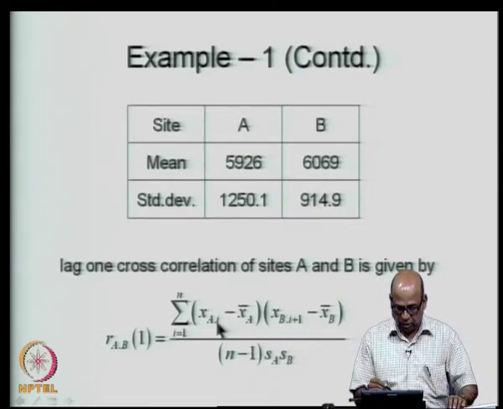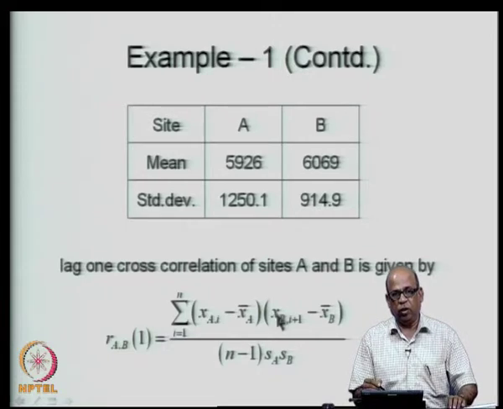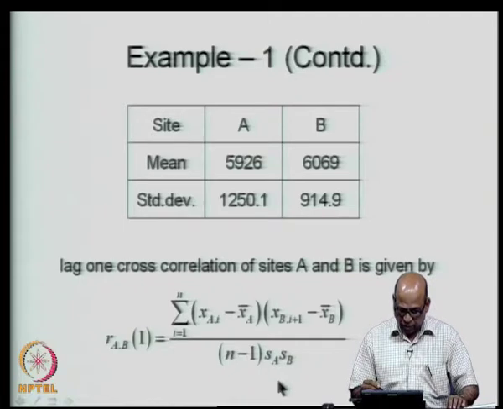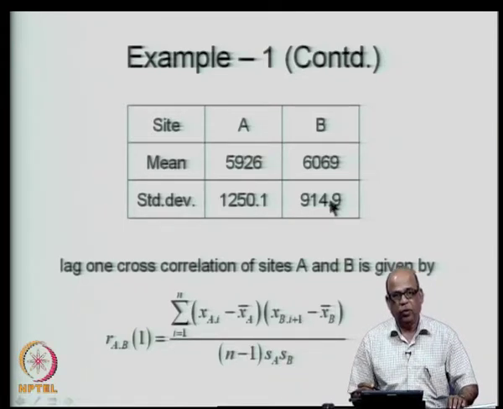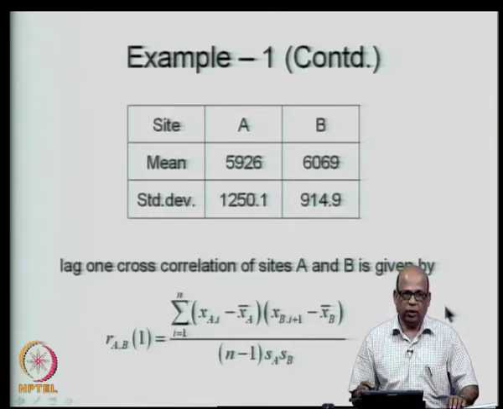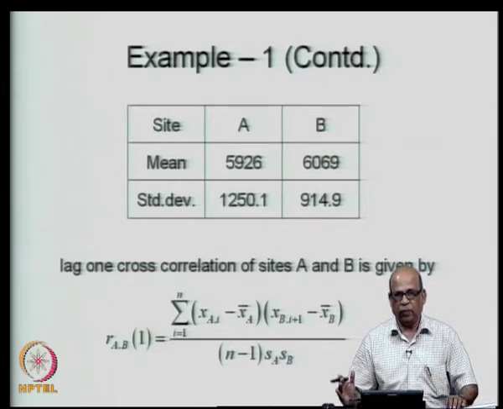So, if we are looking at ith time step, you take the I plus 1th time step on the data on B, and this is the mean of flows at B, mean of flows at A, which are obtained here from the data, and this is a standard deviation at A and standard deviation at B. So, this is what we use and compute the lag 1 cross correlation between the flows at site A and the flows at site B.